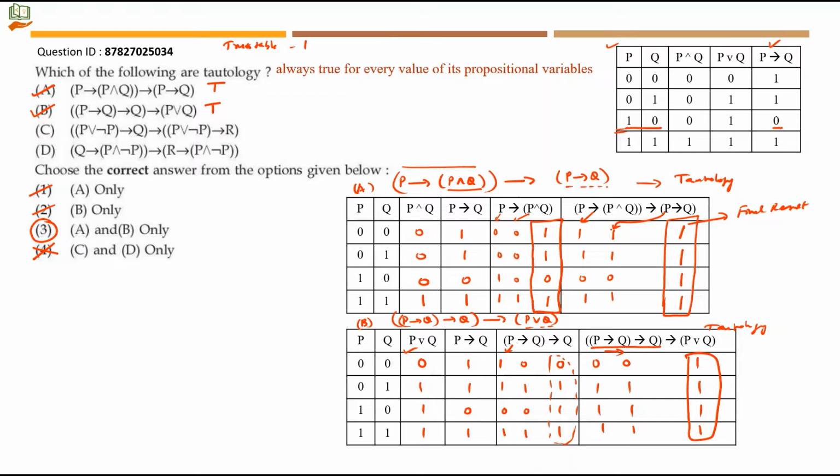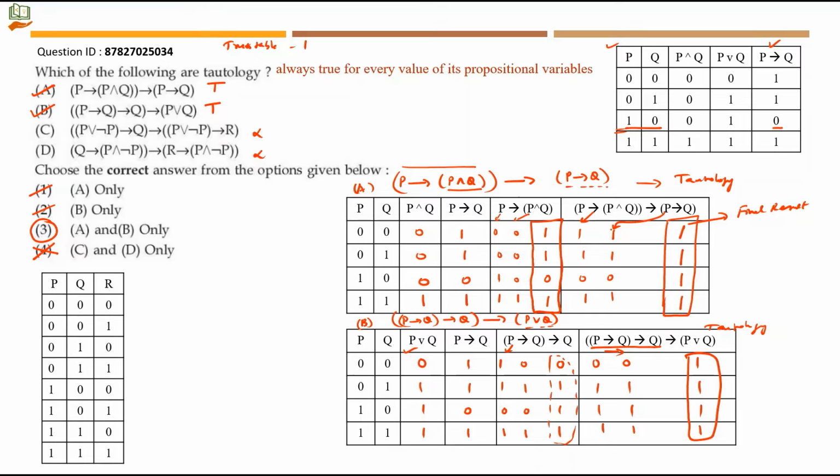So for this question they have made it very simple that C and D are not tautology. So this is going to be false only. But in case if you want to check C or D, how your truth table should look is, you have to use 8 set of values. So basically when it is only one variable P, it is just 0 and 1.